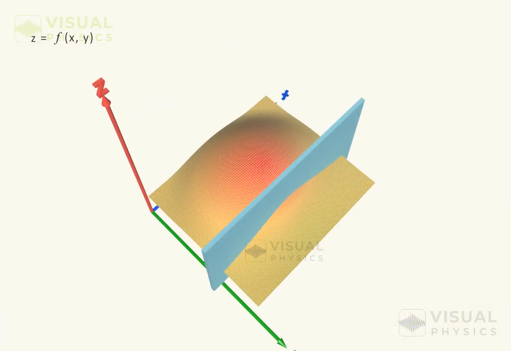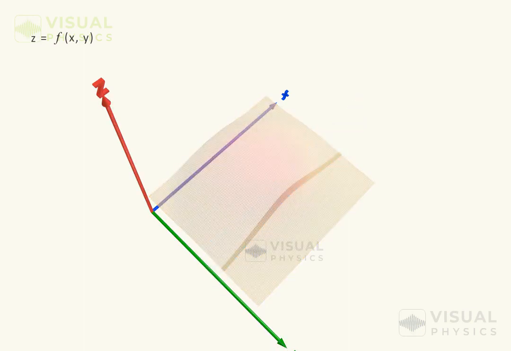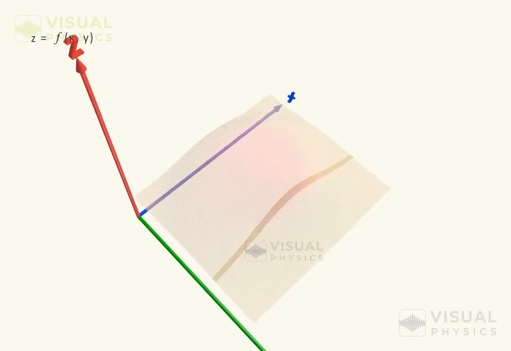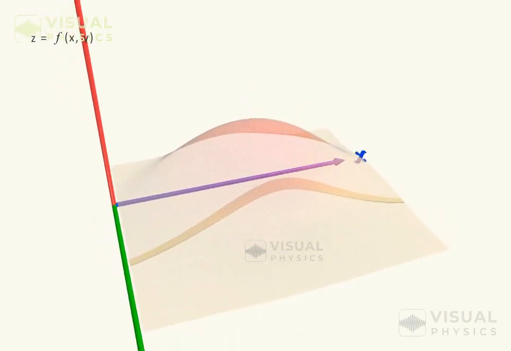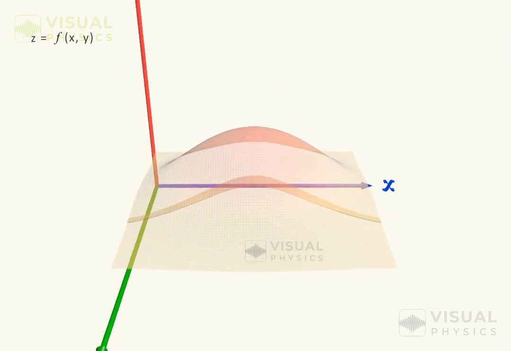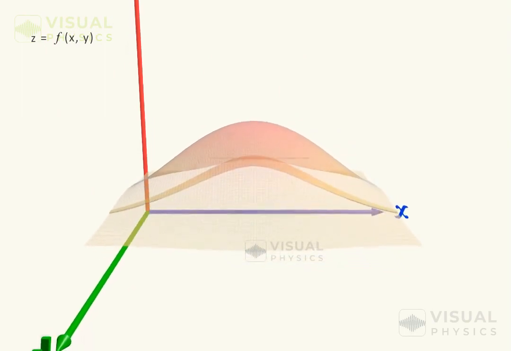Now, if we take the cross-section of this surface with respect to the y-axis, then the tangent at this point in the xz plane will have a unique value.